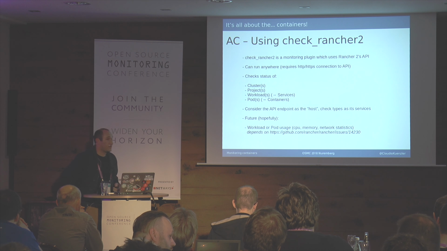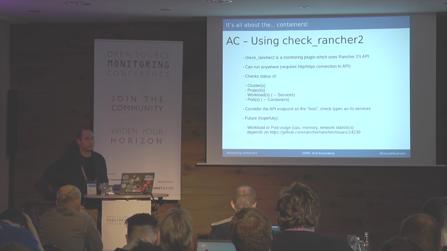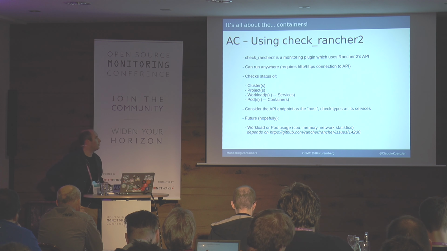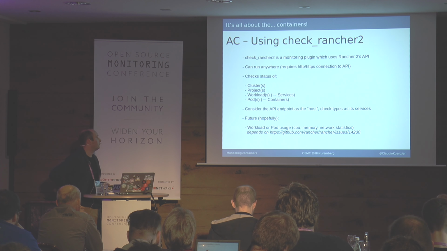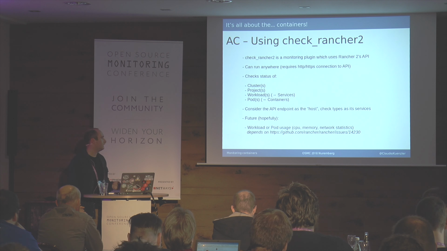In the future, or at least I hope so, we are able to add statistics into the Check Rancher 2 plugin. It really depends on an open issue right now, that the API actually presents these resource statistics.